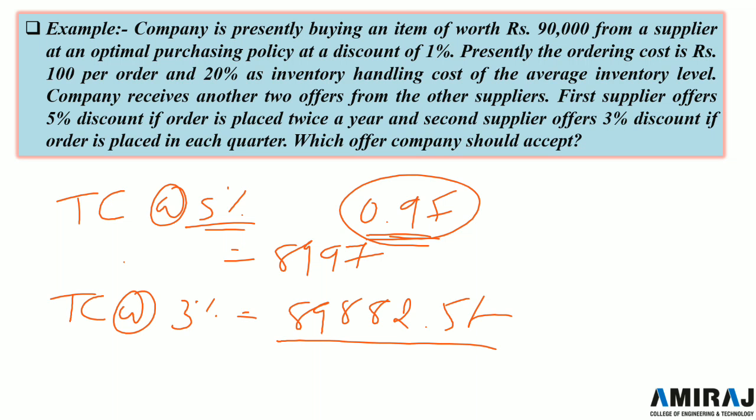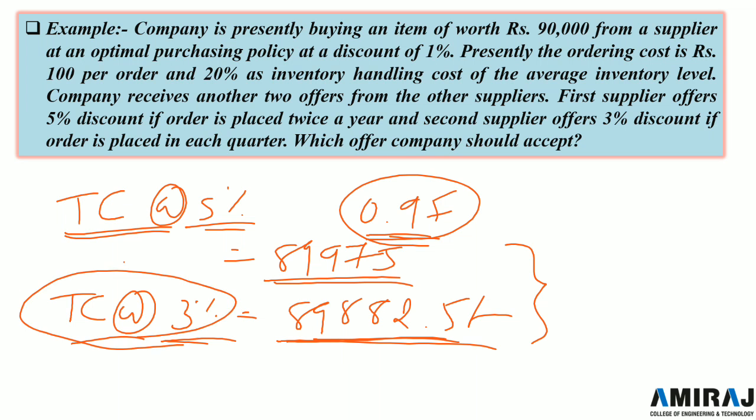So we can see that the 3% discount cost is less than the 5% discount. So the company should accept the second supplier's offer, as it is beneficial in the long run. So here the total cost is minimum.